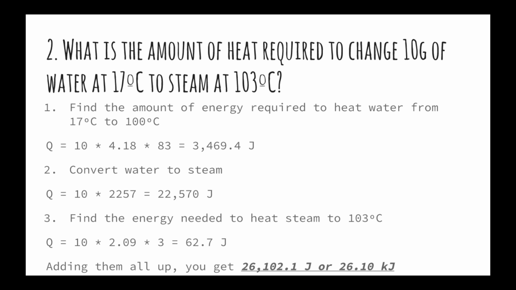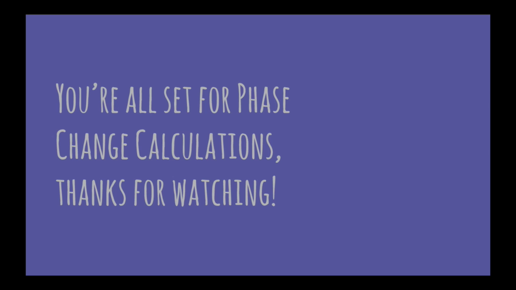Q is equal to 10 times 2.09 times 3, and this is equal to 62.7 joules. When we sum them up, 3,469.4 plus 22,570 plus 62.7, we get 26.10 kilojoules. And this is the amount of heat required to change 10 grams of water at 17 degrees Celsius to steam at 103 degrees Celsius.